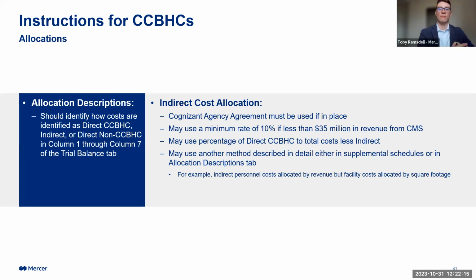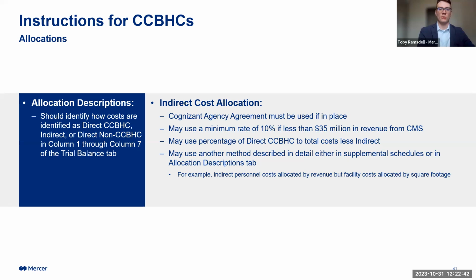And then the final primary, and probably the most common indirect cost allocation method that we've seen, is a percentage of direct CCBHC costs to total direct costs. A fourth method is available, which is another method of the provider's choice, which would be described in detail either in supplemental schedules or in the allocation descriptions tab.